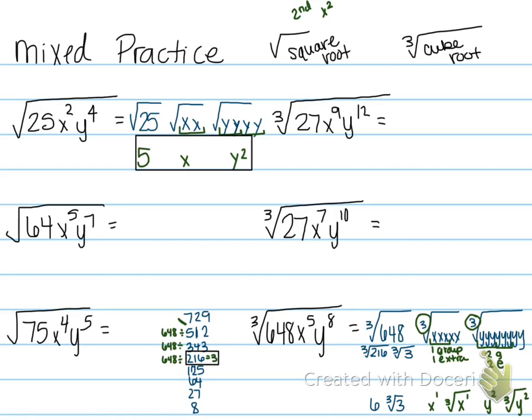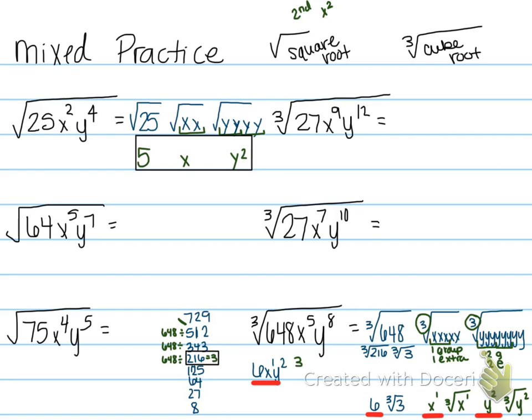So to write my final answer here, I know it's a lot of work, so try to just keep it organized. To write my final answer, I'm going to take all of my numbers that are not inside of a cube root. So my 6, my x, and my y squared. I'm going to write all of those. 6, x, y squared.